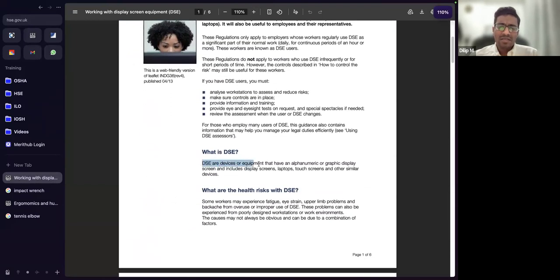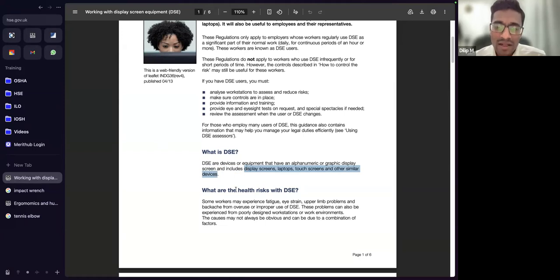DSE are devices or equipment that have an alphanumeric or graphic display screen, and it includes display screens, laptops, touch screens, and other similar devices.